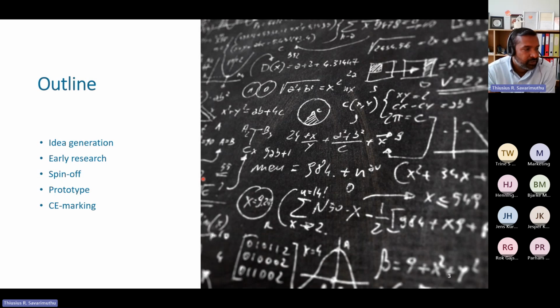Then at some point, ROPCA was formed as a spin-off company. We started to develop the prototypes for the company, and finally I'll end the talk with some of the steps in the CE marking that I learned during this journey, and hopefully this can also inspire some of you if you have similar thoughts.